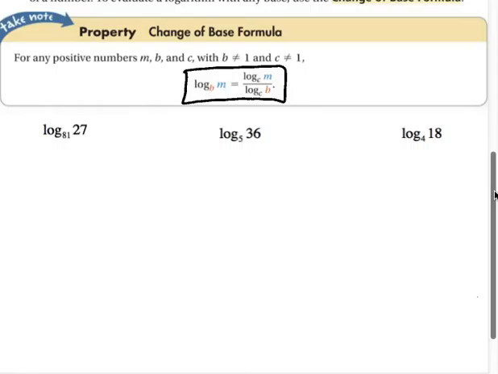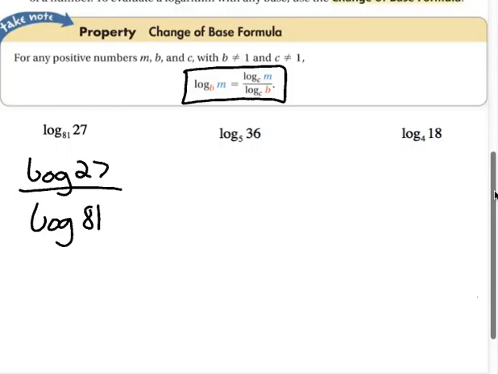What the change of base formula says is if I take the log of 27 divided by the log of 81, that'll calculate that original logarithm for me. Now you may be wondering, you just wrote it as two separate logs. How's that going to help you? Well, the way it's going to help me is I can actually type that into the calculator now.